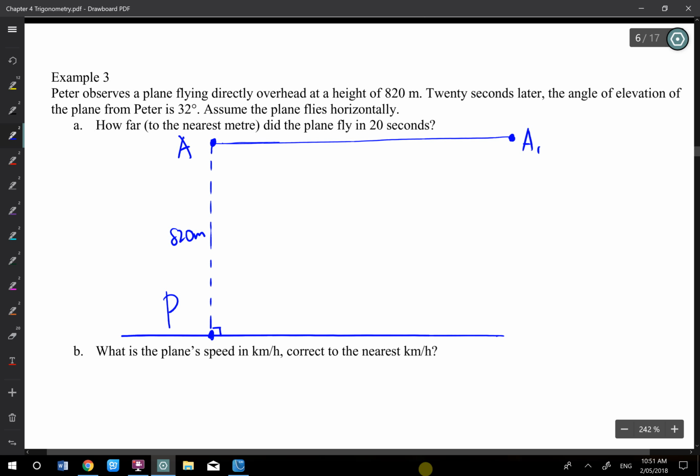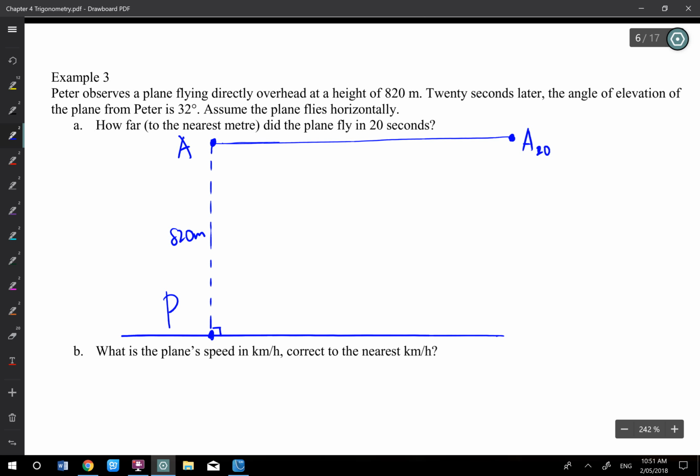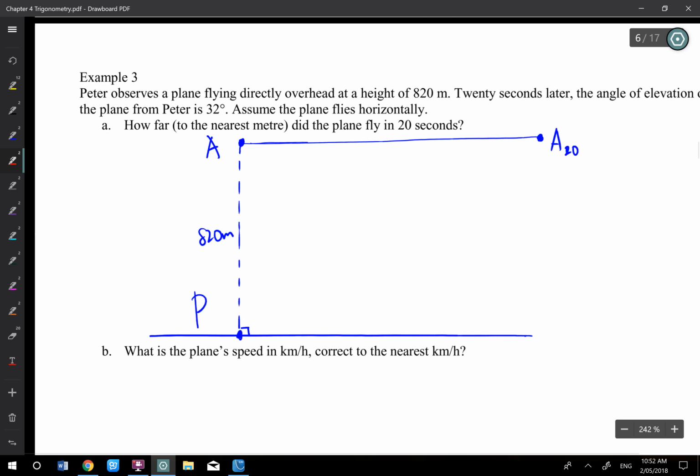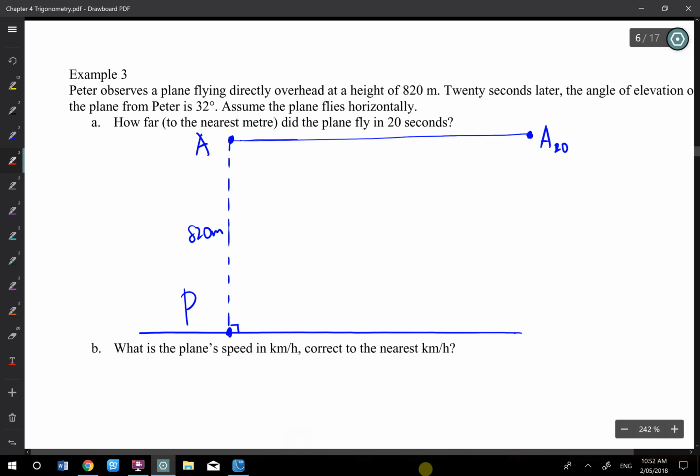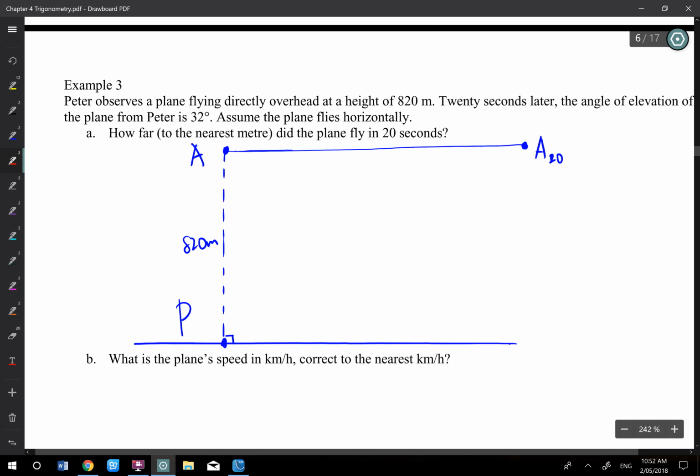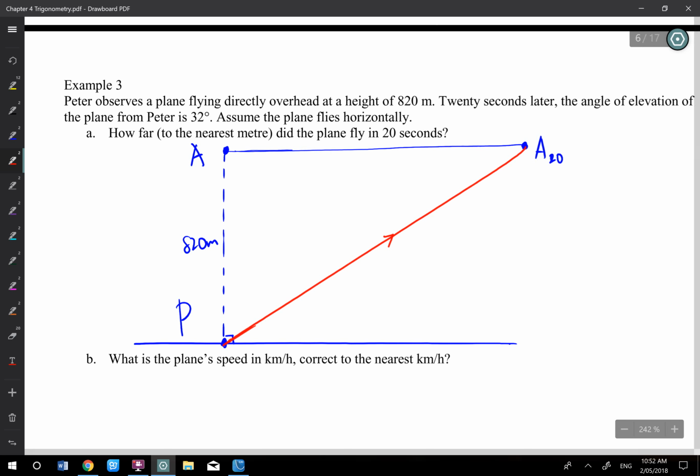After 20 seconds, the angle of elevation from Peter to the plane, when Peter looks that way, is 32 degrees.